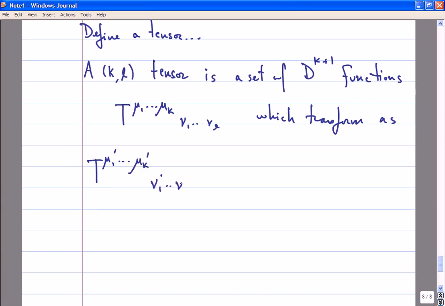And this is related to the d to the k plus L functions in the unprimed coordinate system by the multiplication by k Jacobians and L inverse Jacobians, one for each index. So we would have dx^{mu_1'}/dx^{mu_1} times all the way up to dx^{mu_k'}/dx^{mu_k}.